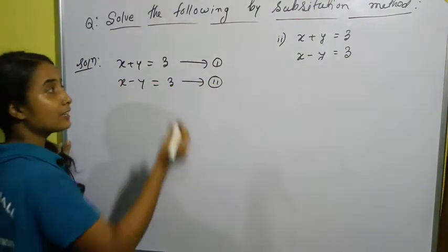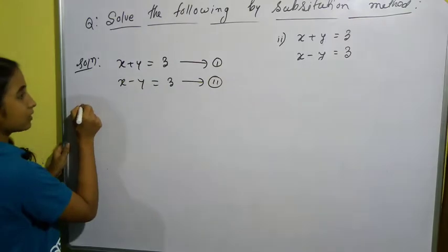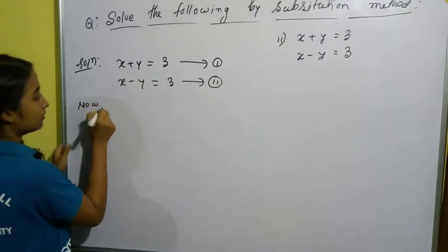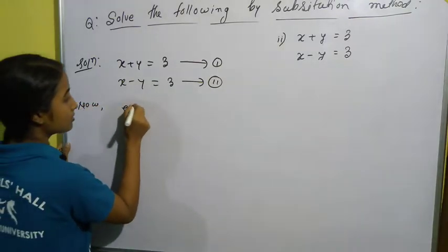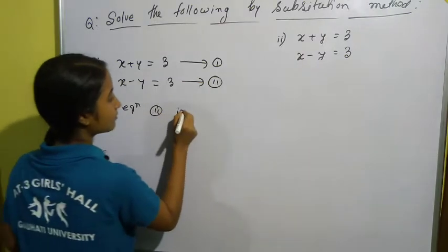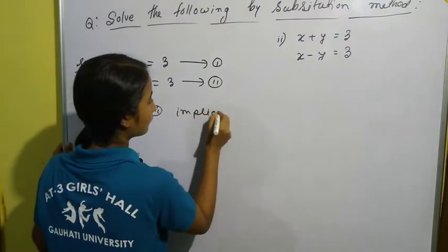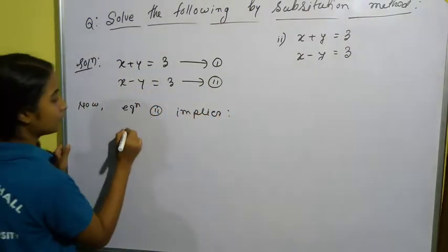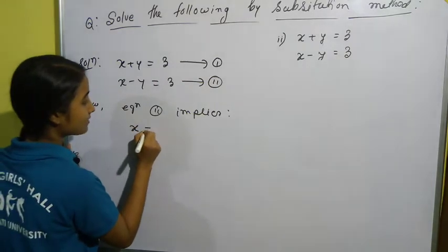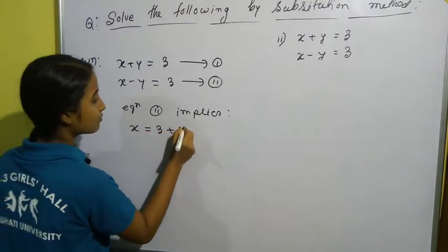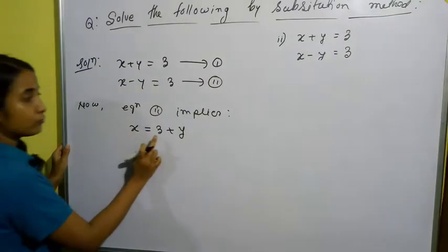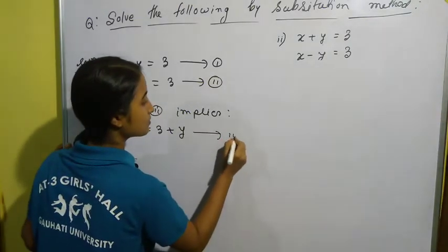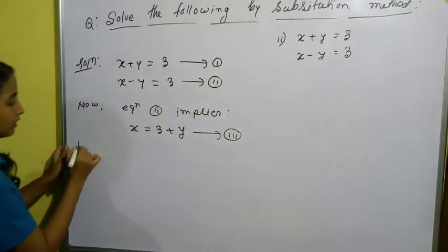You can take any one of them for the further calculation. Now equation 2 implies x is equal to 3 plus y. So this is equation number 3.